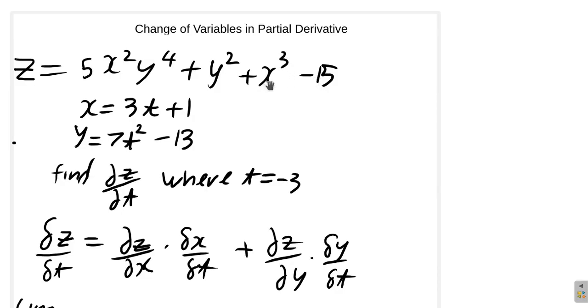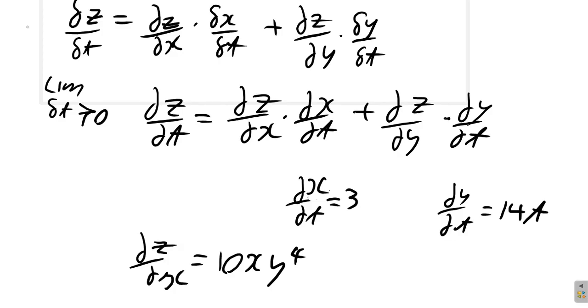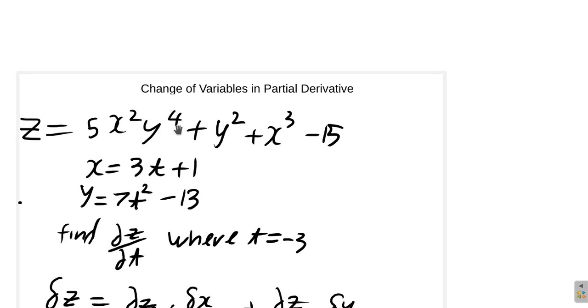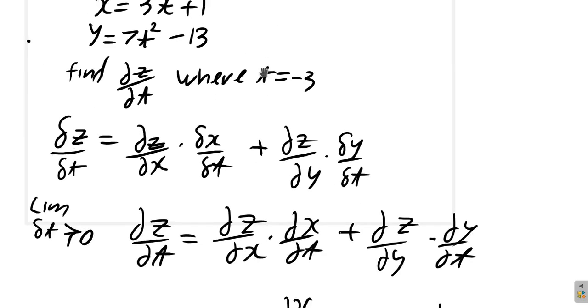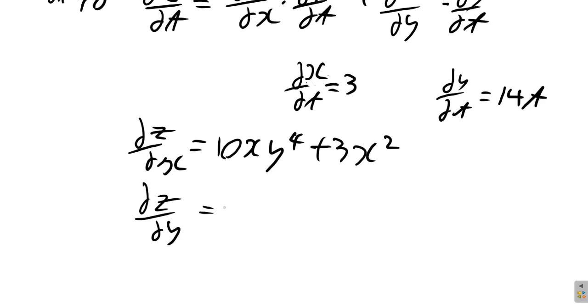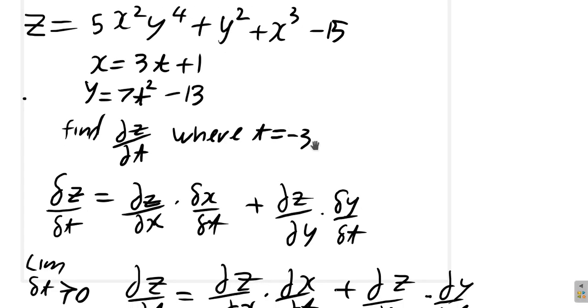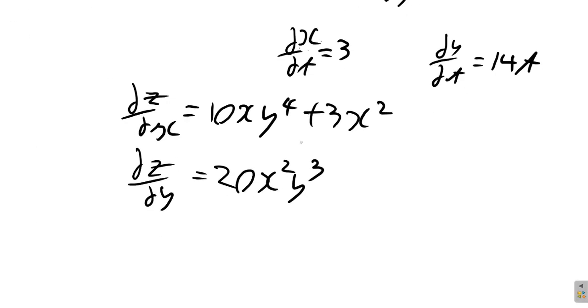But this now is 3x squared, so it's plus 3x squared. And then we want delta z by delta y. What is the partial derivative of z with respect to y? With the 5, it's 20x squared y cubed plus 2y. That's that.